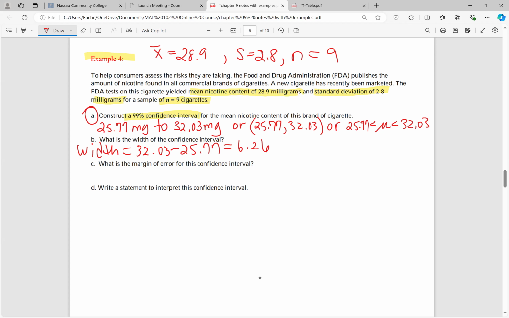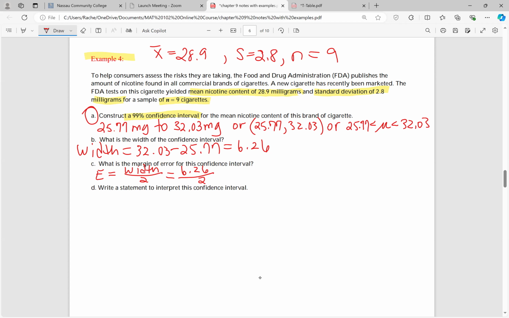And then the margin of error, remember I said it's just 1/2 the width of the confidence interval because we added the margin of error to 28.9. So E equals the width divided by 2. So we're going to take 6.26 and divide it by 2.